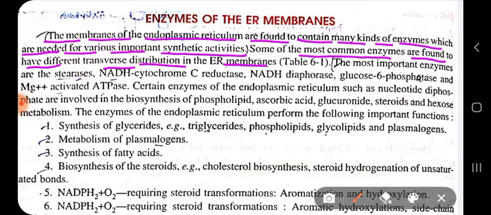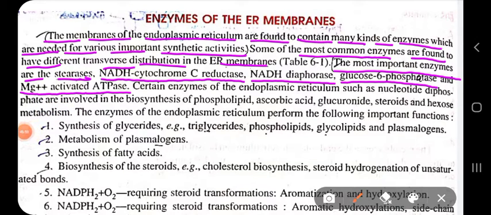And the most important enzymes which are found on the endoplasmic reticulum membrane are esterases, NADH cytochrome C reductase, NADH diaphorase, glucose 6 phosphatase, and magnesium ion activated ATPase.